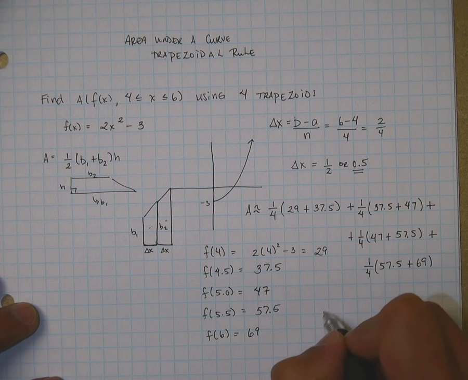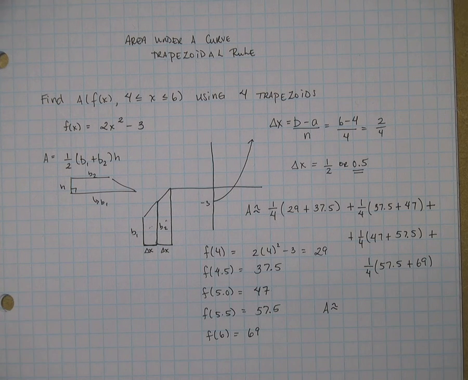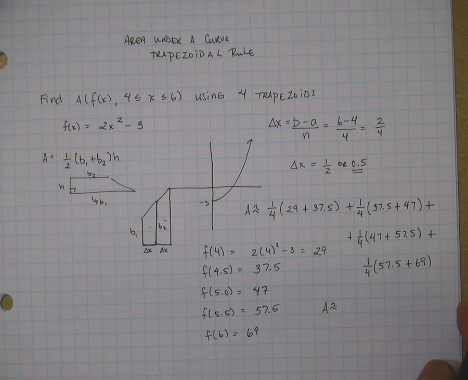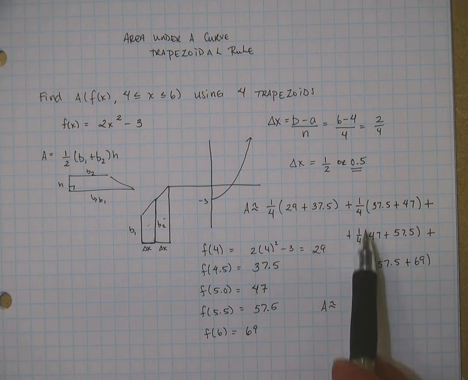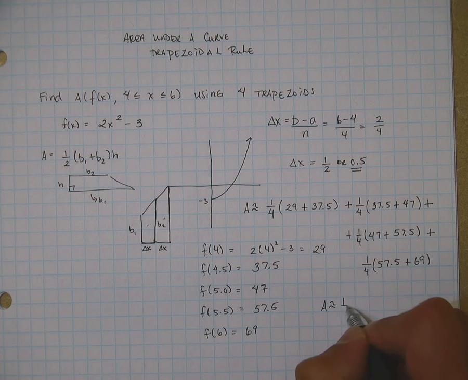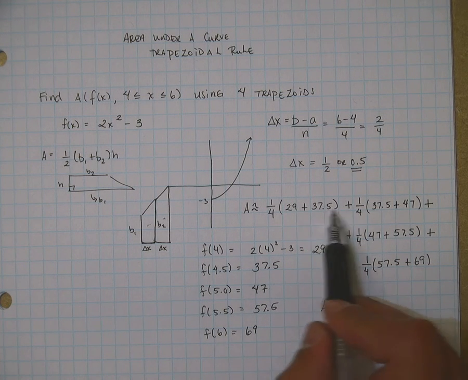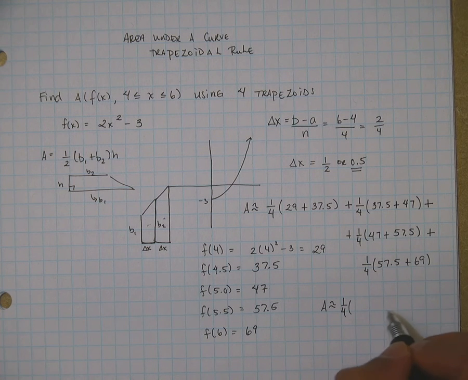Once I do that, let's add them up. What you can also do is factor out a 1/4, because they all have 1/4 in common, and add up everything else inside. I'll do it in my calculator: 29, plus I got two 37.5s, two 47s, and two 57.5s, plus 69.